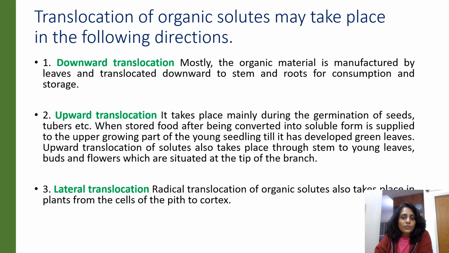Upward translocation of solutes also takes place from the stem to the young leaves, buds, or flowers which are situated at the tip of the branch. Lateral translocation requires the lateral movement of organic solutes from the cells of the pith to the cortex.